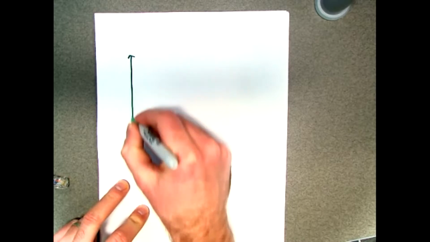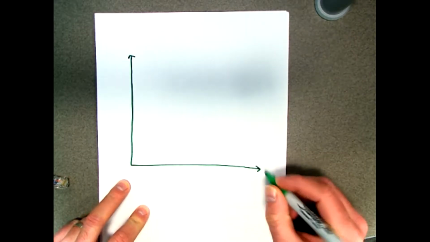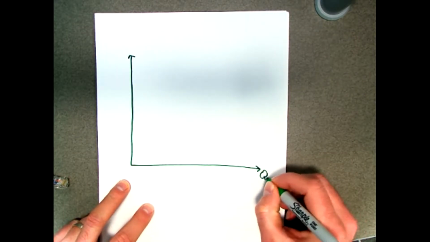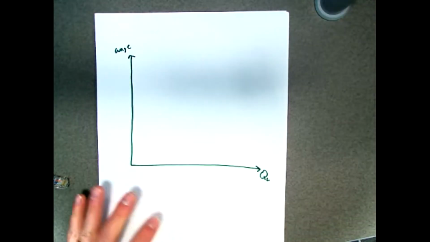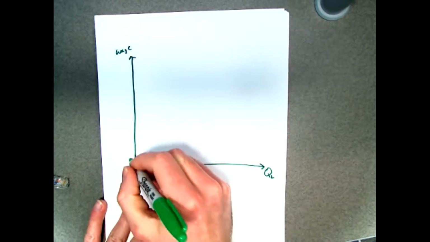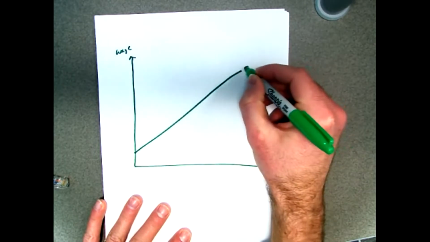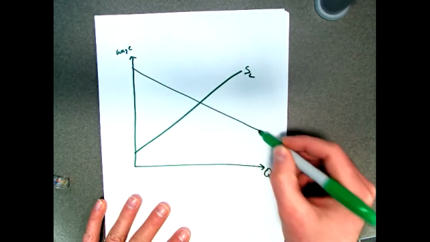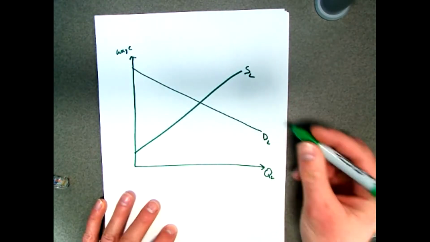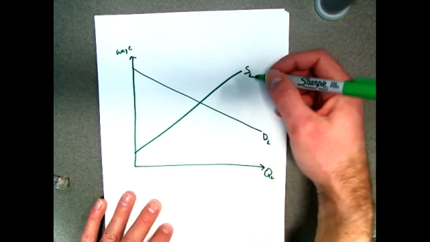Another interesting issue we could think of: quantity of labor, wages. Let's say we've got supply for labor here. We've got the demand curve for labor here. And we'll think about here.